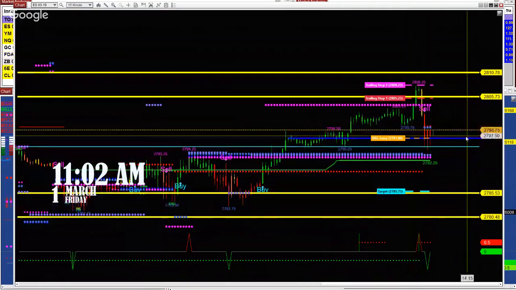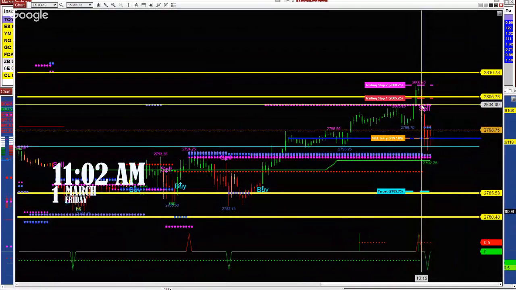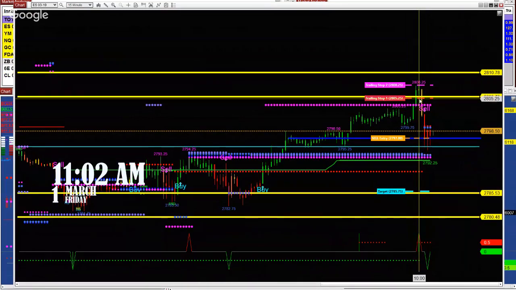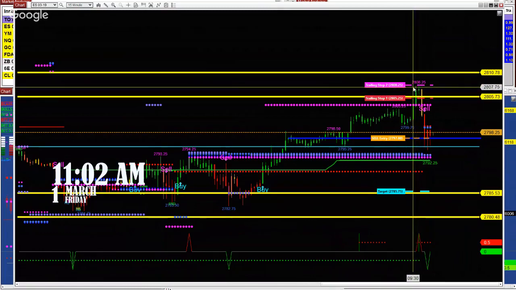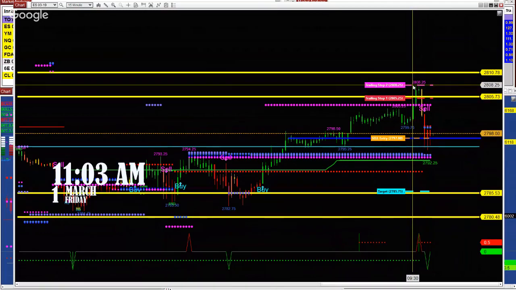However, when we want to go back, we have a heavy resistance at 2804, and then you have your trading stops, your floor fibs. Those here are your resistance levels, and this one here is a major resistance level. So it is a long way from home right now for the ES technically to go to the long side.